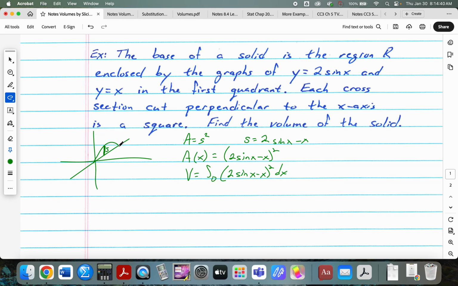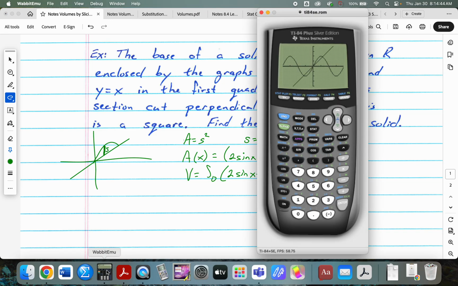The other point of intersection, not so clear. So I'll go back to my calculator and go, okay, find me that point of intersection. And I'm just going to move it over here. I'm not even going to guess today. 1.895, yada, yada, yada.